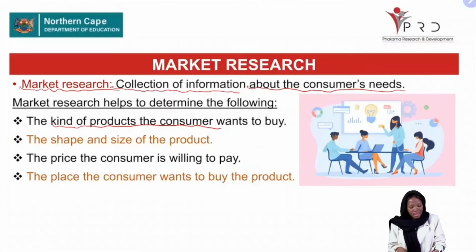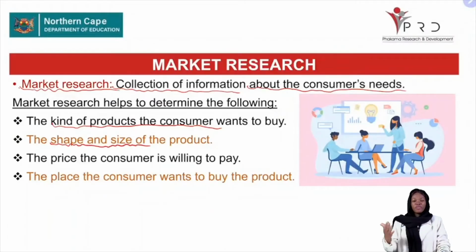Secondly, collect information on the shape and the size of the product. Consumers are different and they have different preferences, so you need to size and shape the product to cater for their needs.